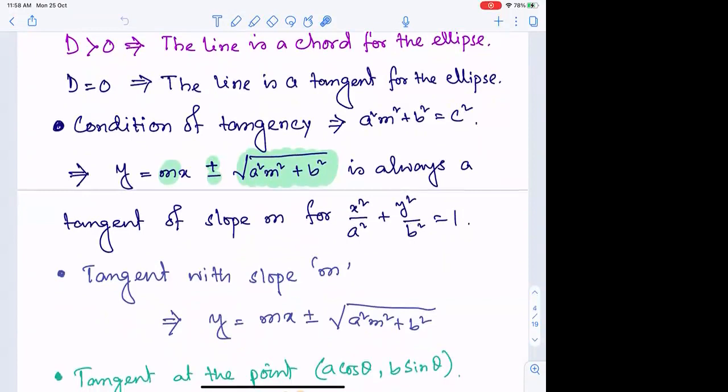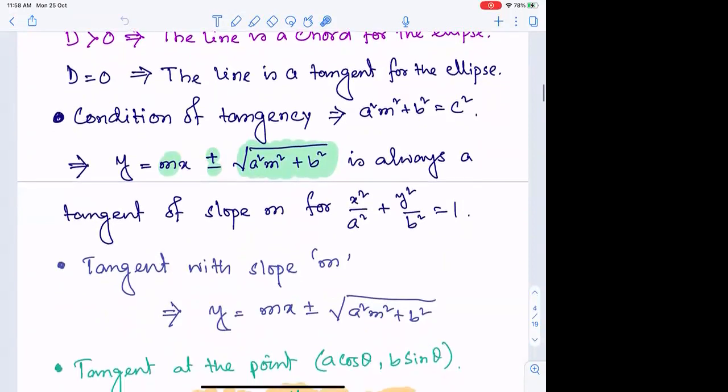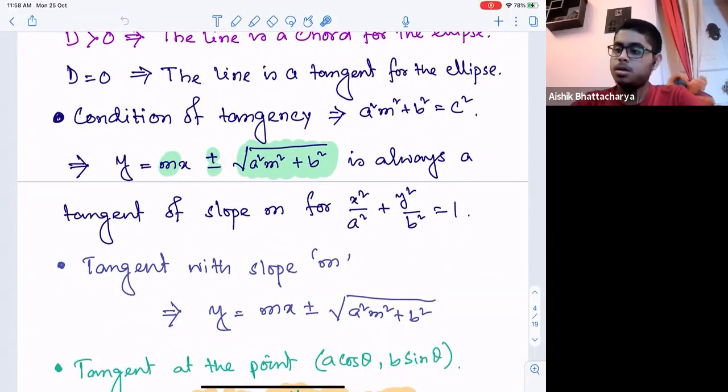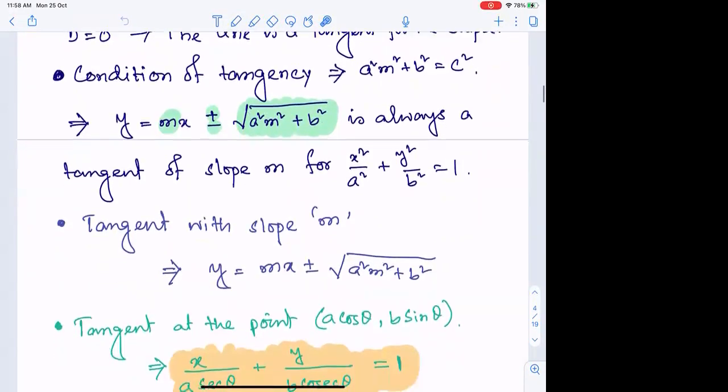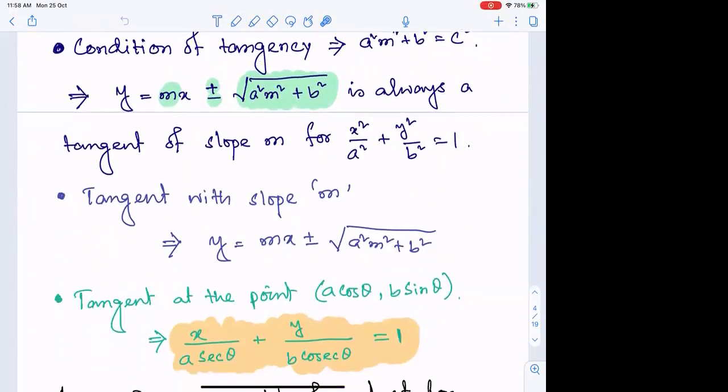Now if I consider the tangent at the point a cos theta comma b sin theta, can that be found easily with T transformation? Yes, sir. So with T transformation, we can get to this equation. x square by a square plus y square by b square is equal to 1 was the form.